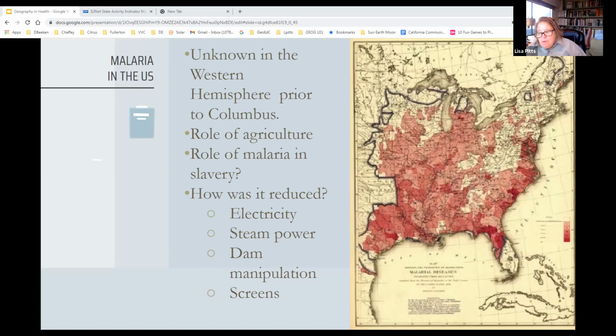So around the same time, a whole bunch of US soldiers were deployed to malaria endemic areas. Endemic means found only there. During World War II, they were infected with the disease.